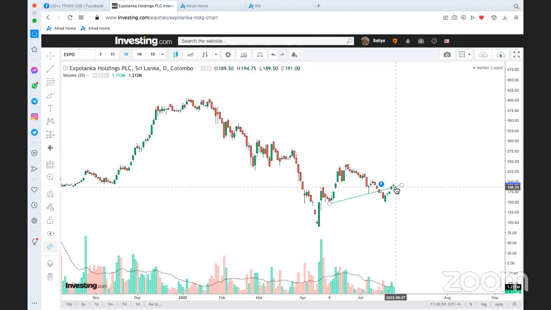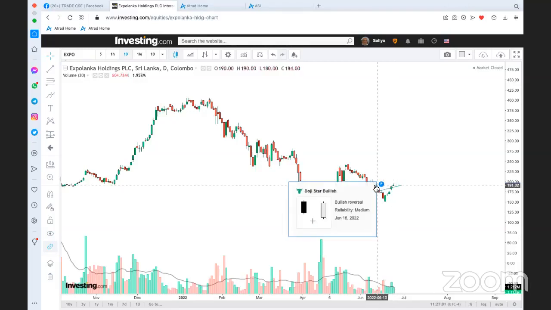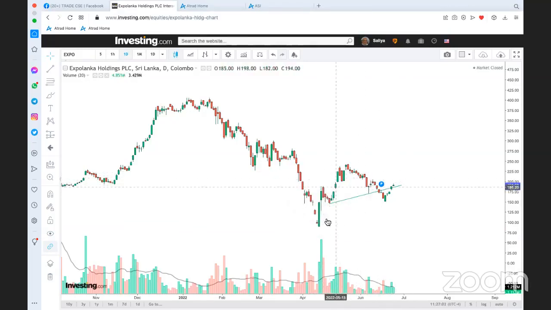At the same time, if we consider this as a head and shoulder formation, then here I have figured out the neckline. Then I need to have the left and the right shoulders. Here you have the left shoulder, here you have the right shoulder, right? Now the neckline has been broken and closed above that.